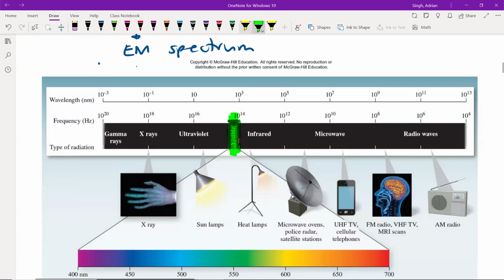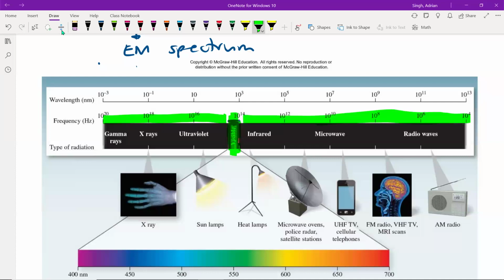The vast majority of the electromagnetic spectrum, from gamma rays all the way over to the visible light, and then from infrared radiation all the way over to radio waves, those are things that we cannot observe with our eyes, for example.